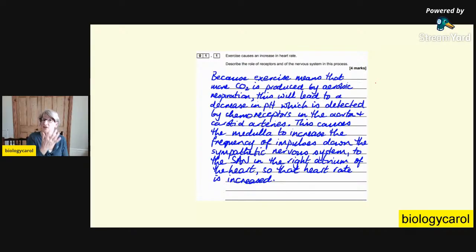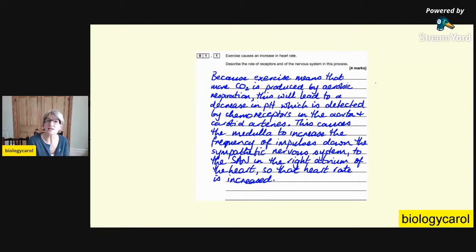And as a result of that, the pH of your blood is going to go down because it's going to become more acidic, because the carbon dioxide reacts with the water to make carbonic acid. That's why the pH goes down. Remember that the lower end of the pH scale is where the acid is. Alkaline, of course, is above 7.